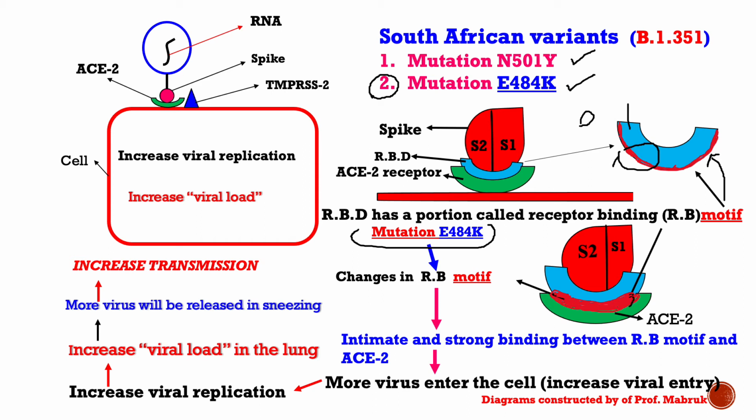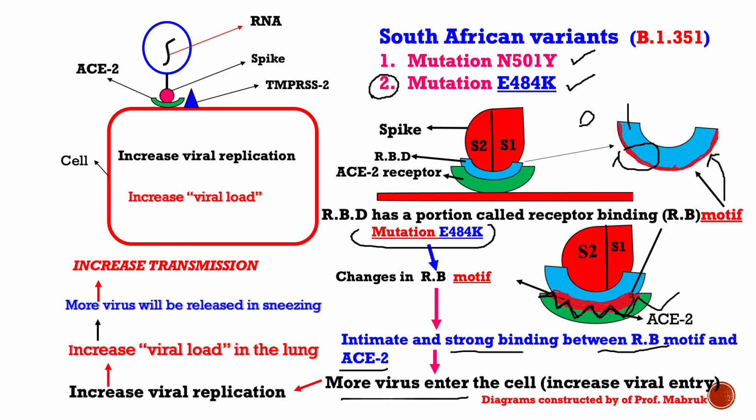You see here, this change in the receptor binding motif resulted in more interaction between the spike protein and the ACE2 receptor. So there is intimate and strong binding between the receptor binding motif and the ACE2 receptor. So what does that mean? It means that more virus will enter the cell.